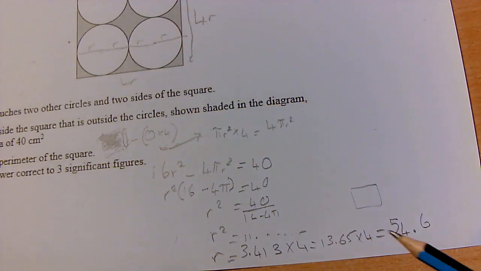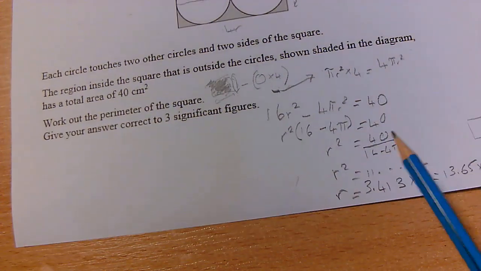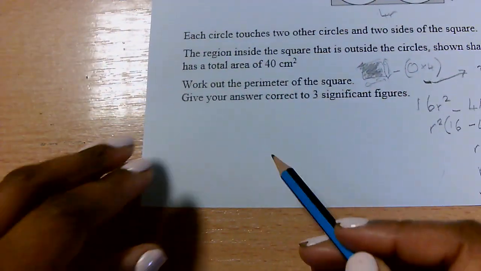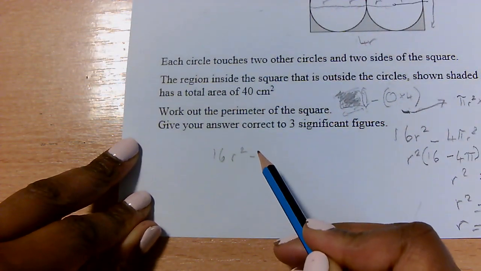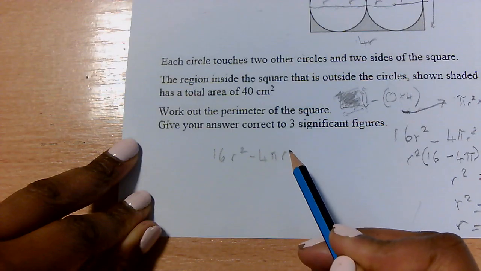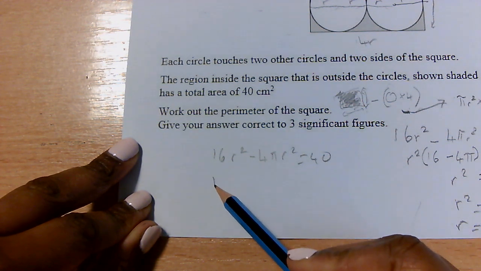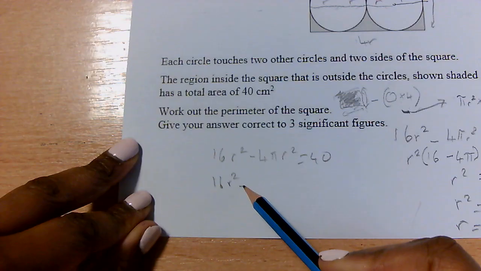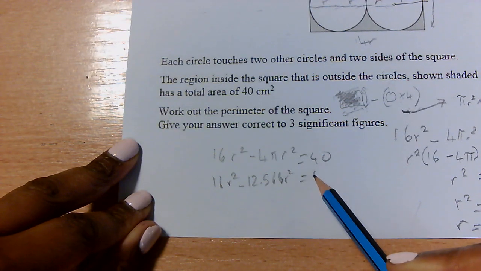I'm just going to show you what to do if you didn't spot that factorisation. You would have 16r squared, take away 4 pi r squared equals 40, and you can just press 4 times pi on your calculator, which is 12.56. You would have got 16r squared minus 12.566r squared equals 40.